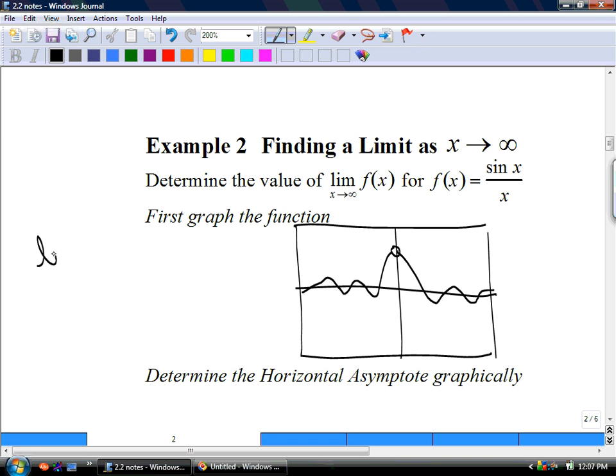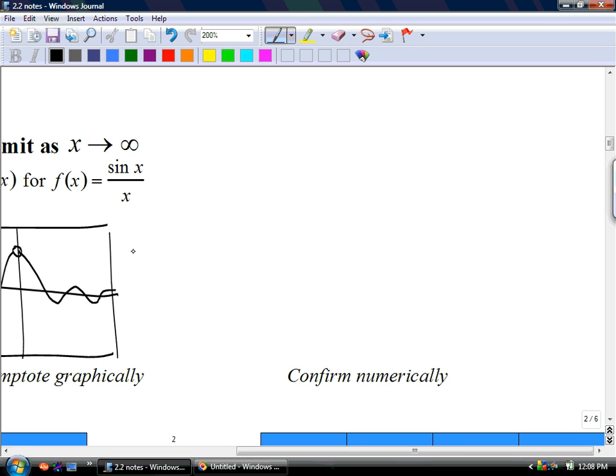We learned that the limit as x approaches 0 of sine x over x was 1. This was a big property that we learned about a couple of days ago. But now what we're interested in is what happens to the graph as you go out to positive infinity, and what happens to the graph as you go out to negative infinity.